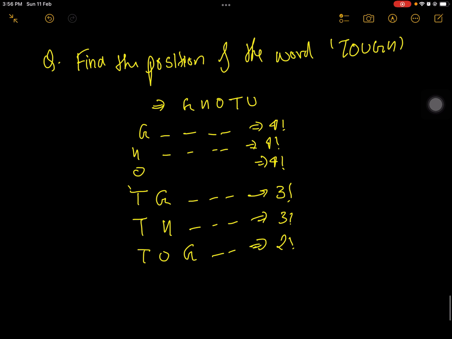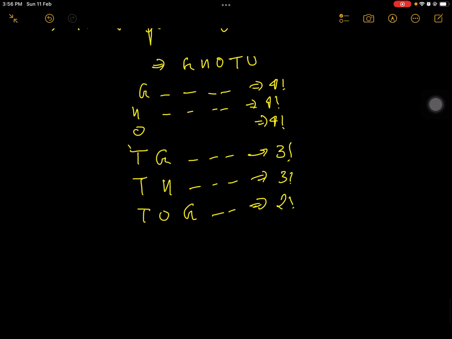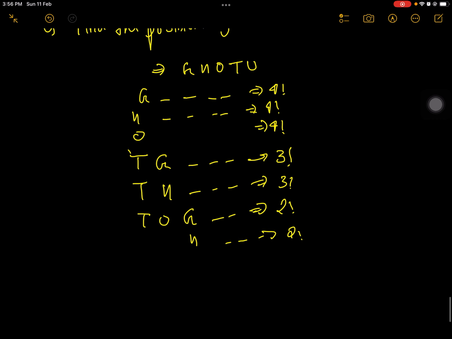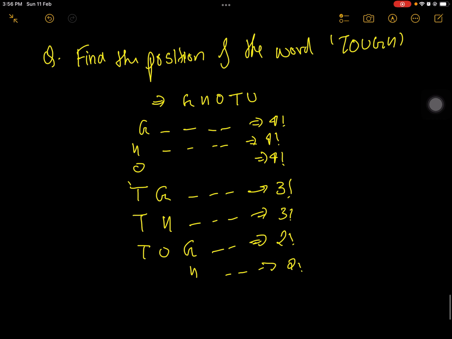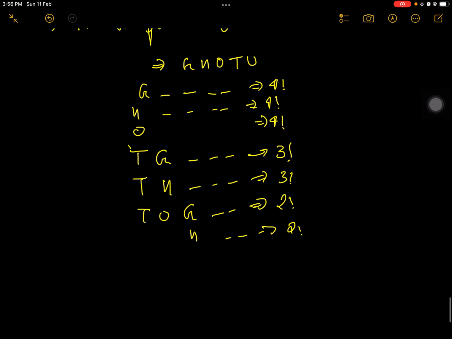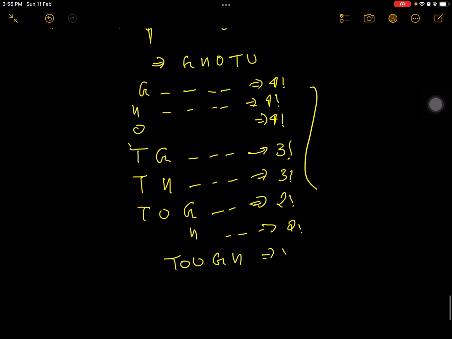This G we can take till U part, right? H also is 2 factorial. T, O is gone. H, okay, we did. Now hence the word itself which is remaining, which is tough, 1. So you just add all of these, you'll get it. It's 89.